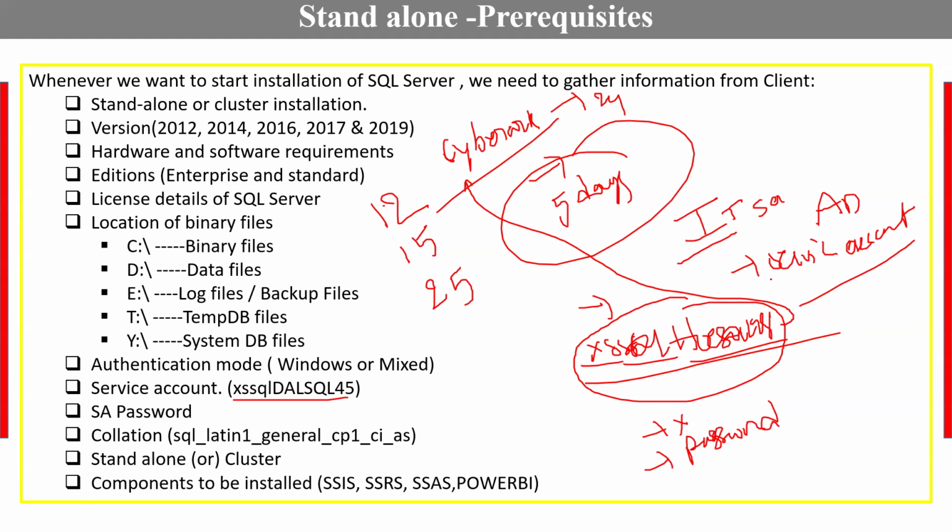But in certain cases in my project, some application team will come on an urgent basis: Hey Subbu, I don't have time, I need SQL installation. I will tell them, okay, I can go and install SQL Server, but I will install it with local accounts, and you need to provide the approval when I want to change to service accounts.